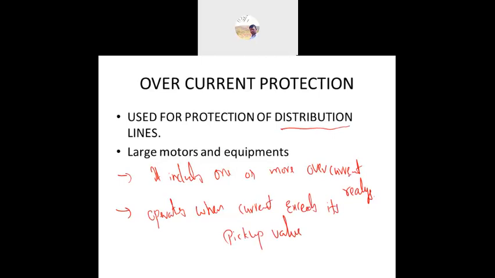How it works: it will operate when the current exceeds its pickup value. We have a time setting, and the pickup value will be different. Whenever the current exceeds the normal rated value, the predetermined value of current, only after that it starts operating. This is overcurrent protection.